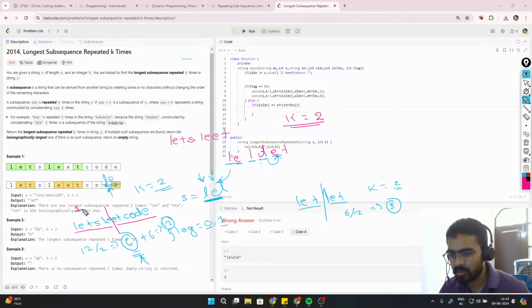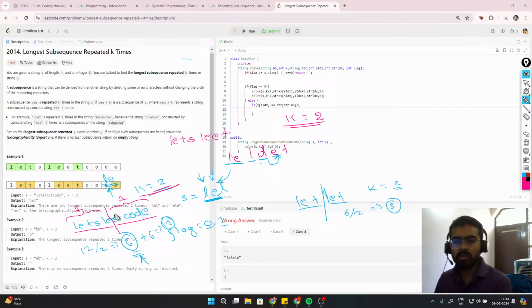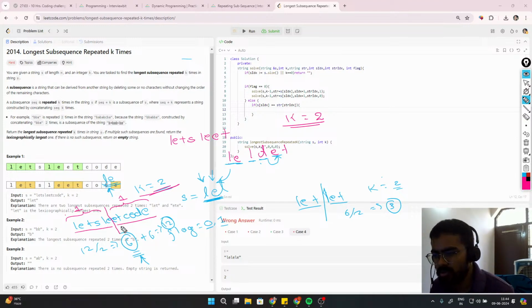Now one is here, one is here, means if k is 2, one substring I have to find from here and one substring I have to find from here, which are equal, something like that, right? Okay, this is a good insight, but how can we know?